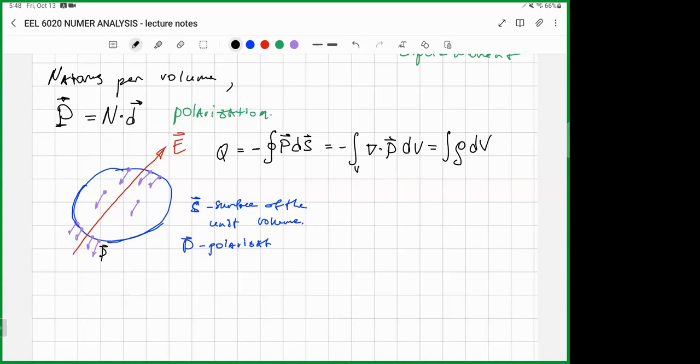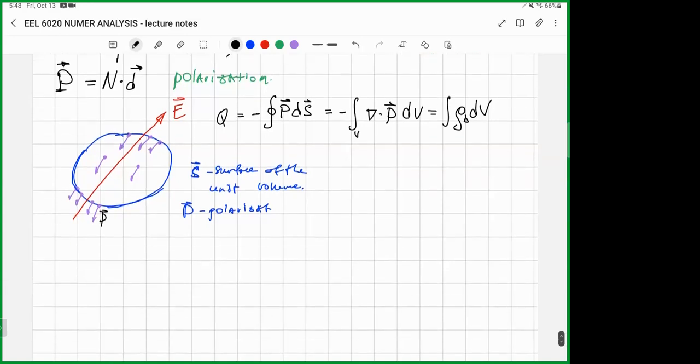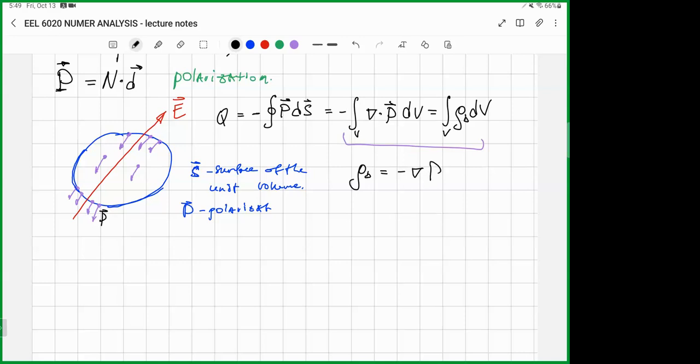And since this is not the conducting charges, this is bound charges, I put this index B here. So these two integrals are equal, and they are taken over the same volume, right? That means that this charge density is equal to minus the divergence of the polarization vector.